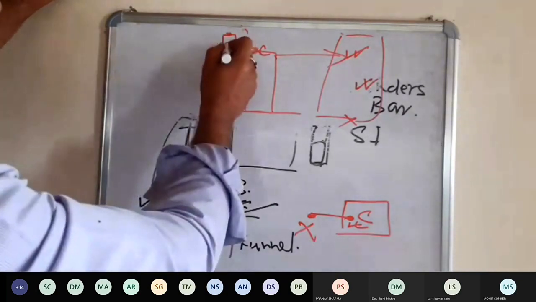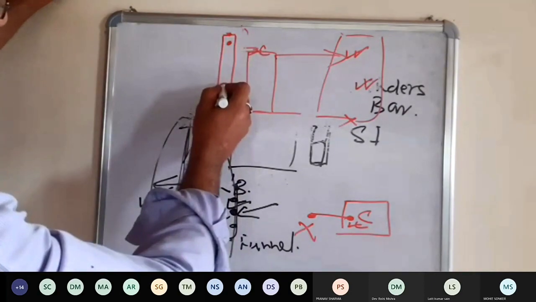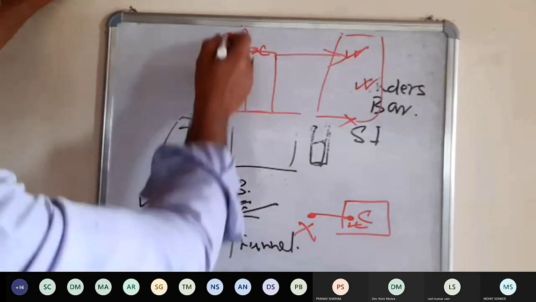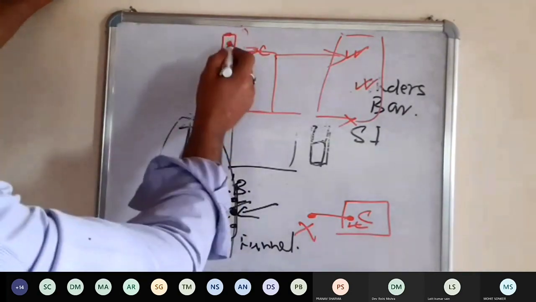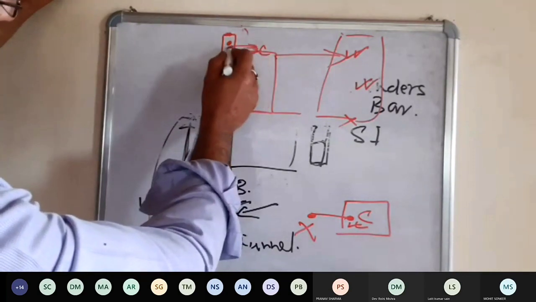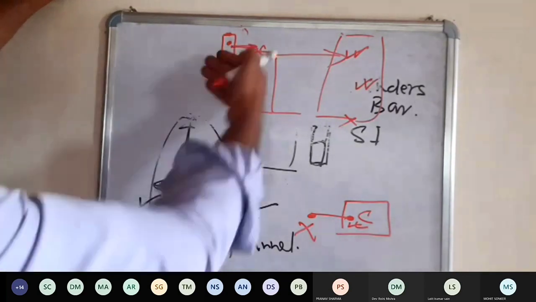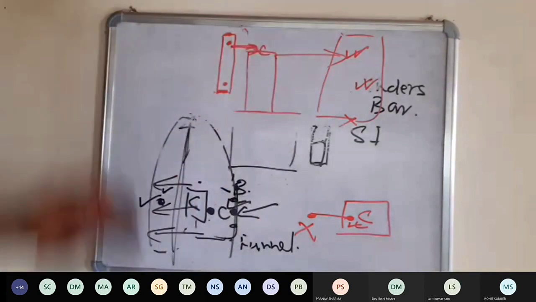The poles are actually located somewhere in this area. So we want the maximum effect of this pole at the compass. So it should be kept a little above.